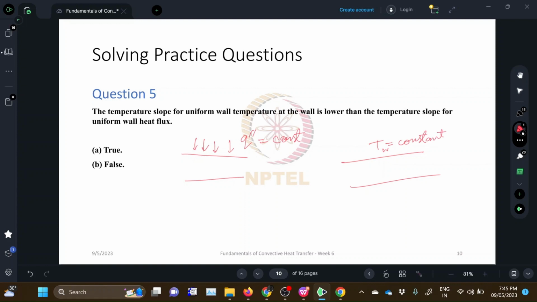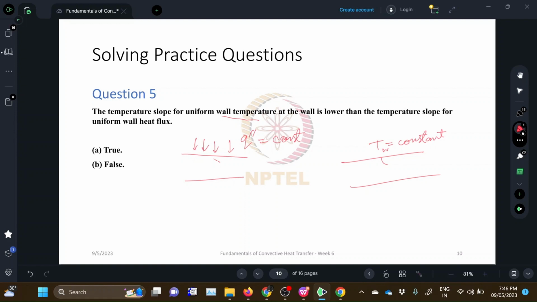So in these 2 cases, they are saying that for the uniform wall temperature case, the temperature slope is lower than the temperature slope for the uniform wall heat flux. Is it true or is it false?